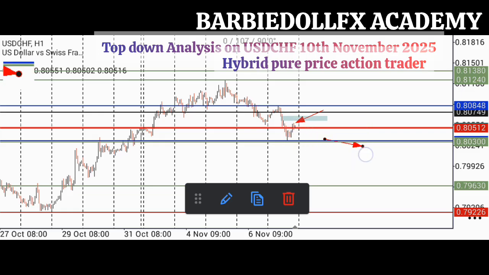I still mark last week's highs and lows, and this is where I'm actually basing it, because the market has closed. But once the market opens, I will take this red line and place it above here, this previous week's high, which is still protected. That's why I'm using it as a target if eventually price starts retracing back upwards.